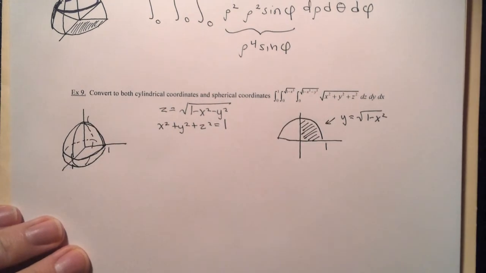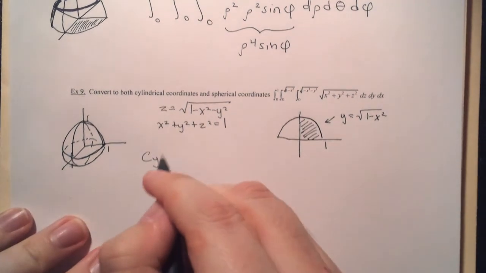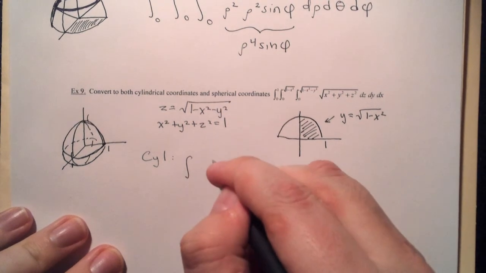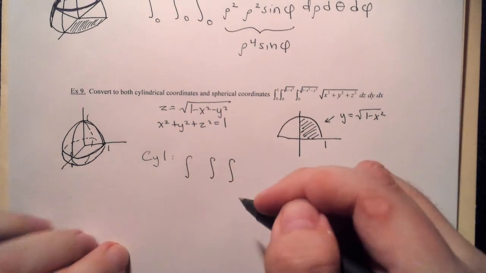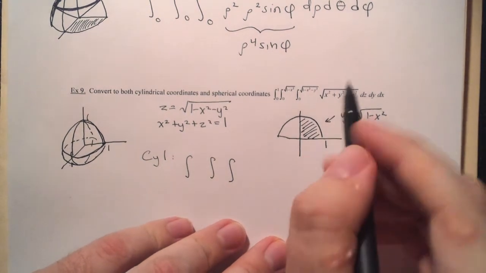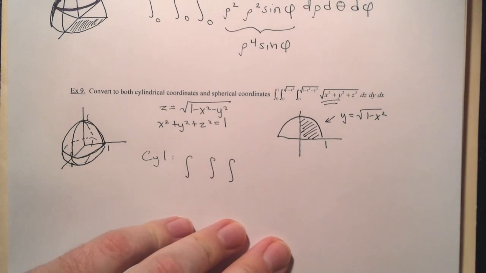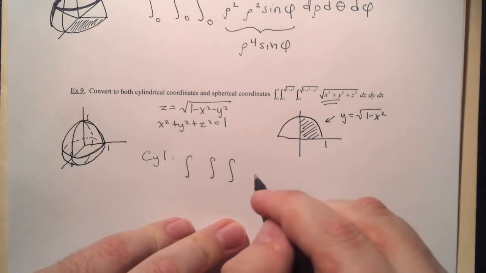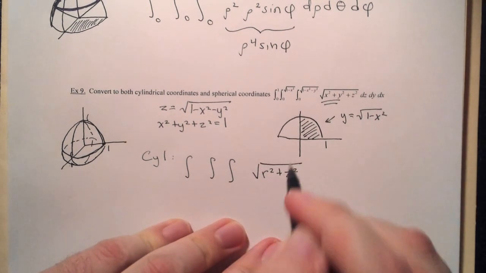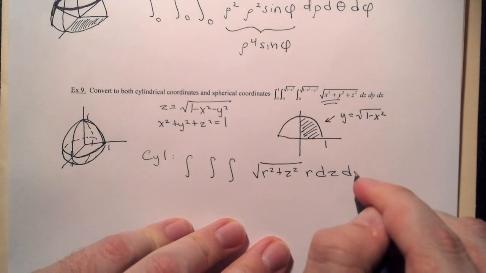This is our integrand. If I put this into cylindrical coordinates, what would I have? Well, in cylindrical coordinates, the square root of x squared plus y squared plus z squared, well, x squared plus y squared is r squared. So I would have the square root of r squared plus z squared, which of course can't be simplified, times r dz dr d theta.